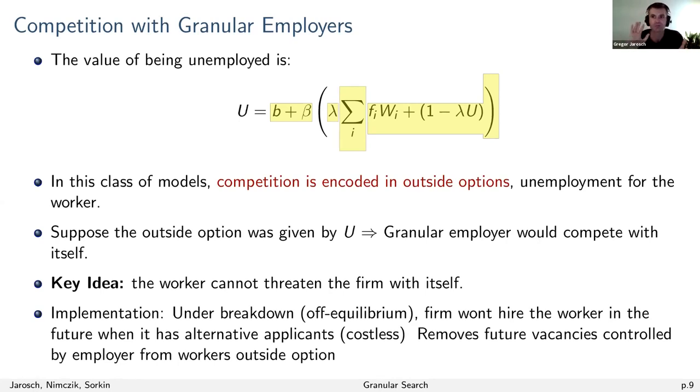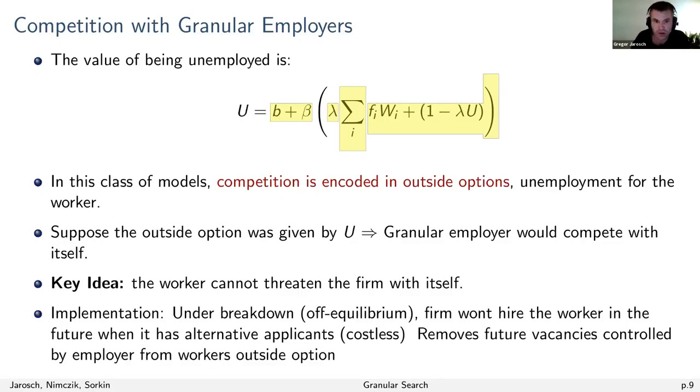There's a couple of refinements to that statement, but that's the basic notion. And then you can see how that removes the firm's future vacancies from the threat point, because that door is going to remain closed in the future.